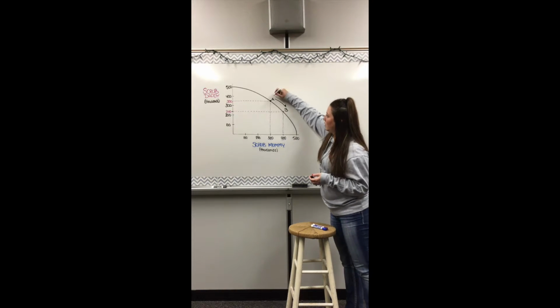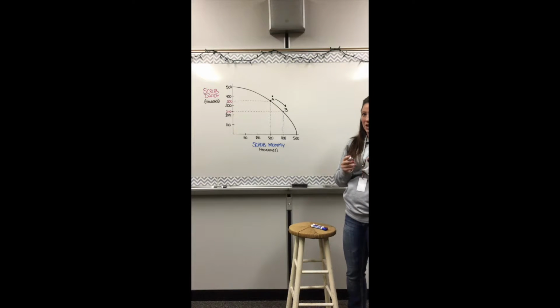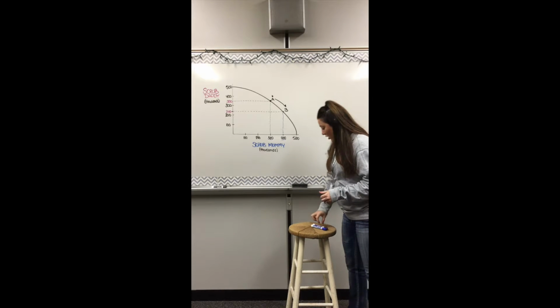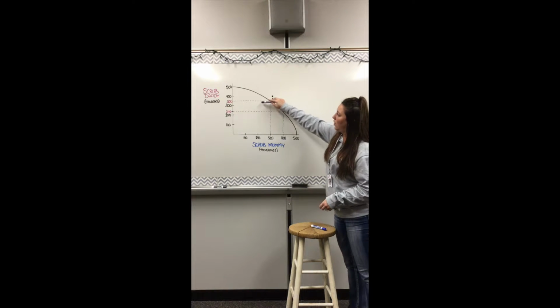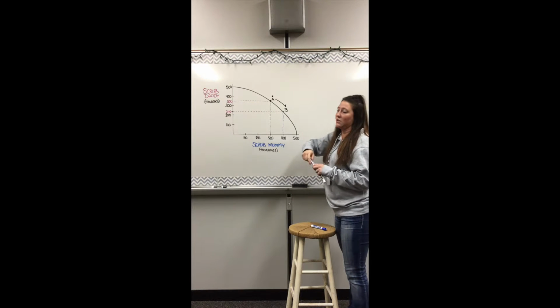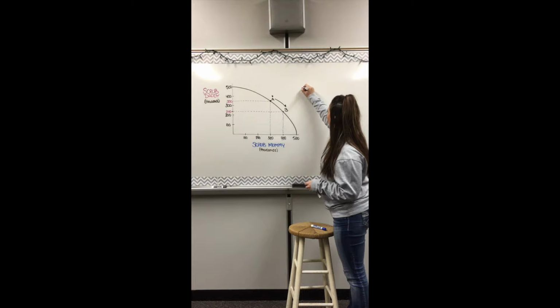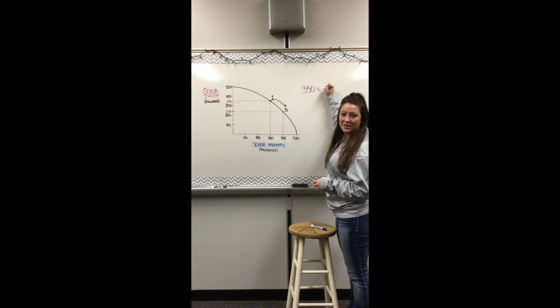So first thing when you're doing this, we need to know what were we producing at the original amount. Right, so this is our original amount. We want to know how much are we producing of each product, not just the one. So at A, if we look here, we're going to go over and see we're making 350,000 Scrub Daddies. So I'm going to abbreviate that with the SD.